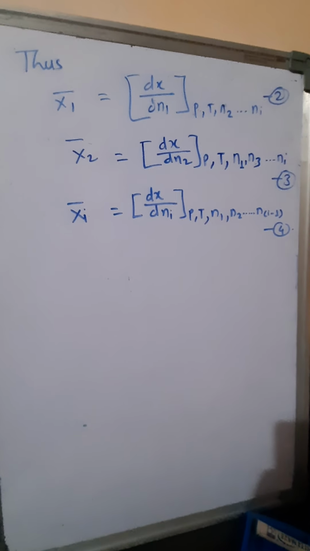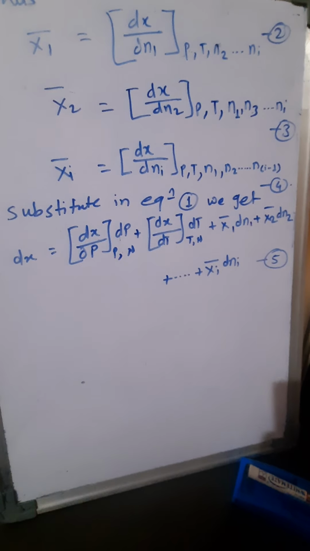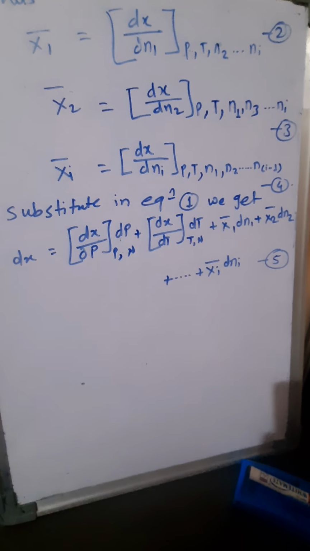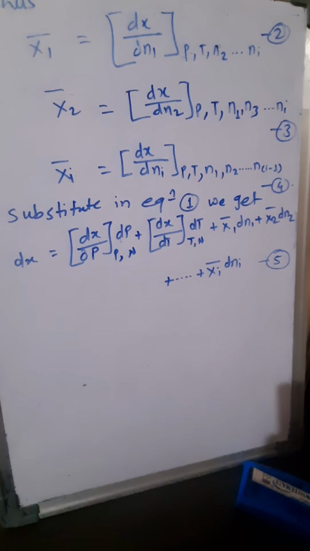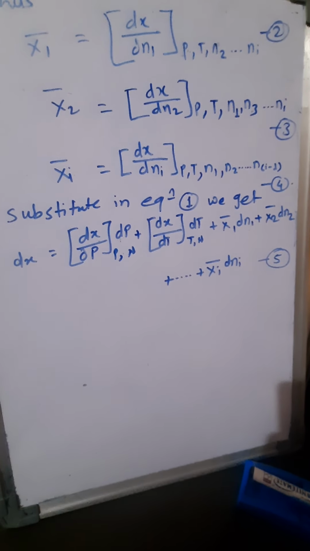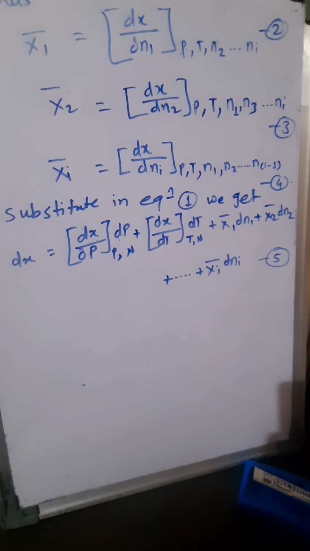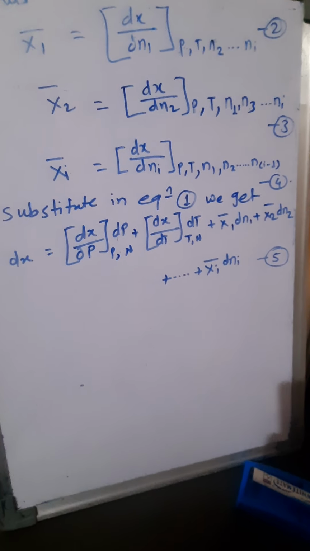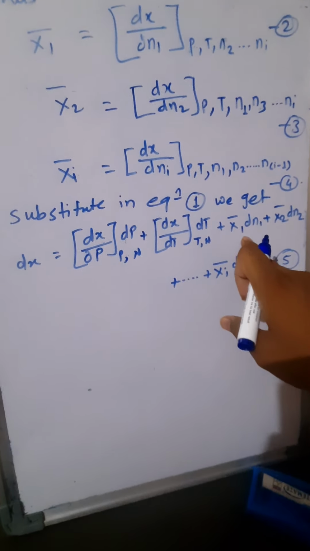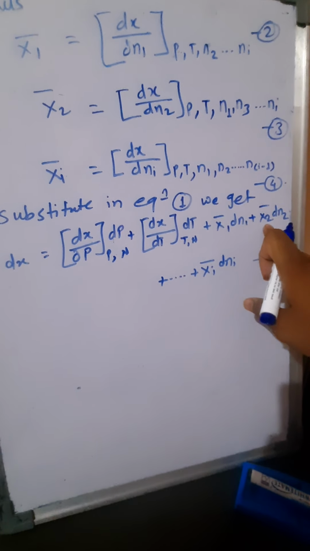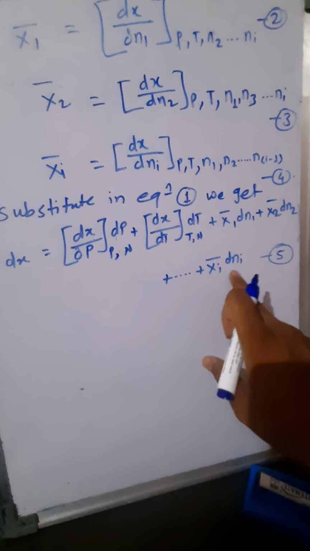Substitute this value in equation number 1. We get dX is equal to (∂X/∂P) with respect to P at constant temperature and n, plus (∂X/∂T) with respect to T at constant pressure and n, plus X1 bar dn1 plus X2 bar dn2 plus up to Xi bar dni.